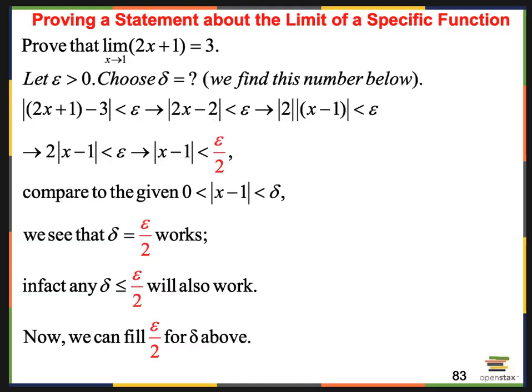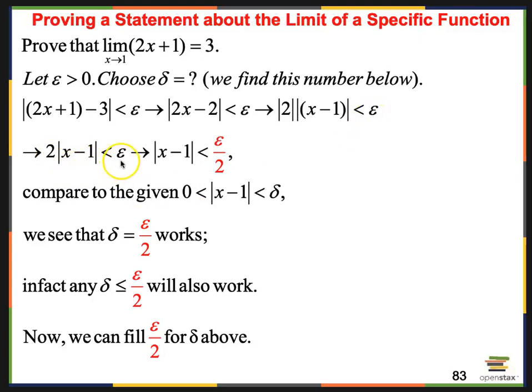So let's prove this. All right, so there's our, let epsilon be greater than 0. We need to choose a delta. Okay, we're going to choose a delta. We need to find this number, so we're going to find it. So here's what we have. Remember, f of x minus L is going to be less than epsilon. And I can simplify what's inside, right? That's going to be the absolute value of 2x minus 2 is less than epsilon. I can factor that 2 out. So you can see we factored the 2 out, less than epsilon.